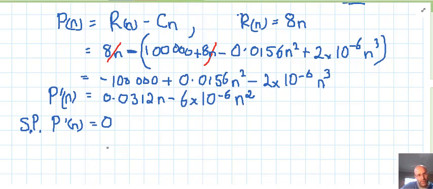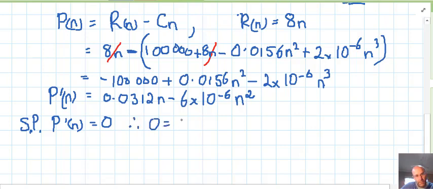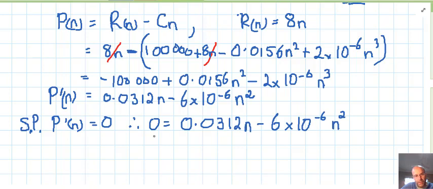Stationary point, so when the derivative is equal to 0, we set that equal to 0. So 0 equals 0.0312, etc.